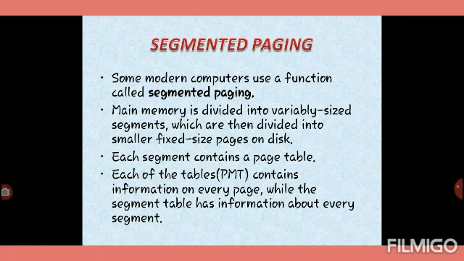So the main memory is divided into variable sized segments, and each and every segment will be having many pages inside it. So this is called segmented paging. As usual, to help out the pages, we have the page map table. To help out the segments, we have the segment table.